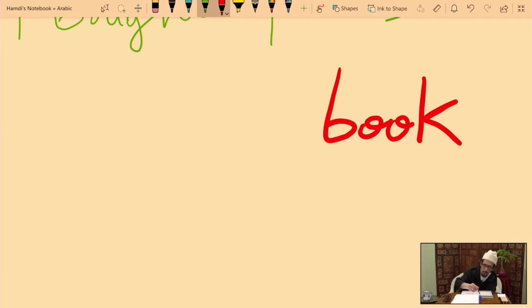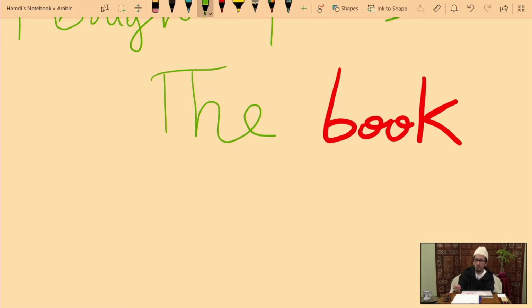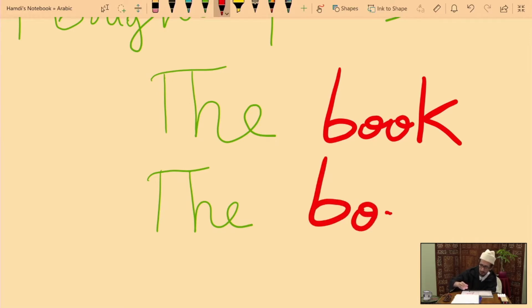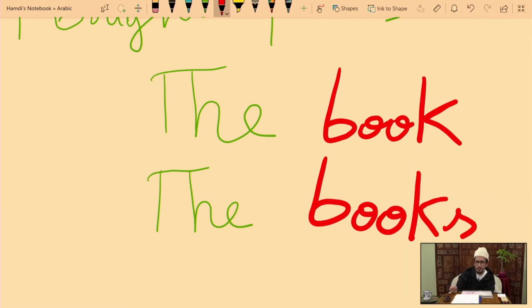To make it definite, we have to say the book. Now it is definite. When it was a book, it was indefinite. Now it is the book. Again, for the plural, you have to say also the books. All right? That's in English.